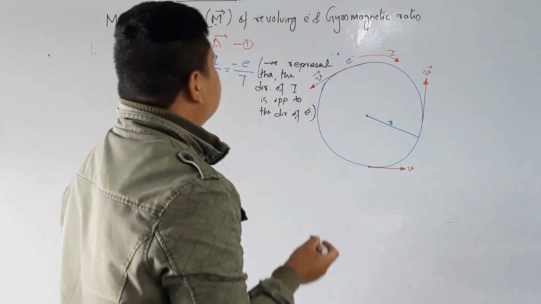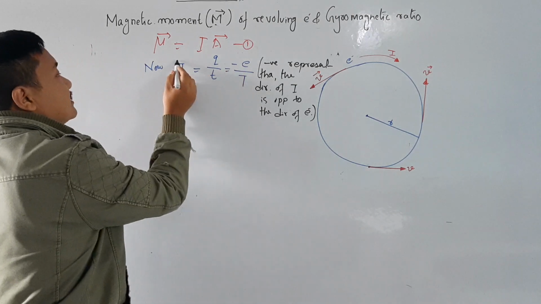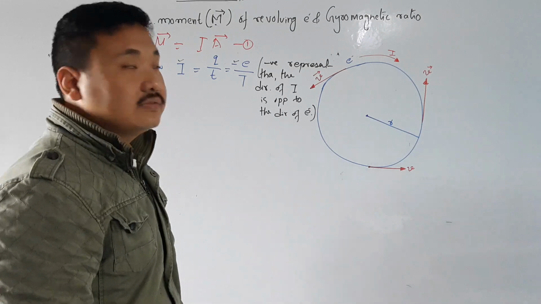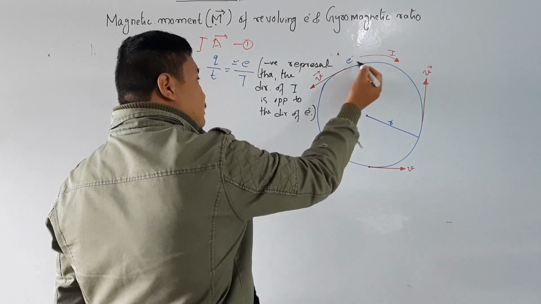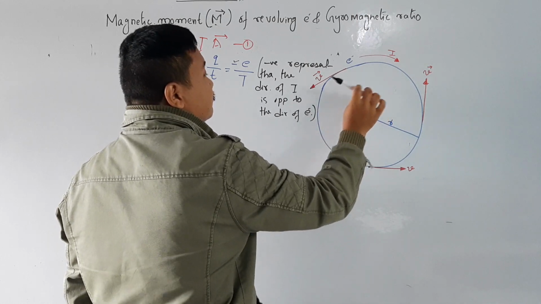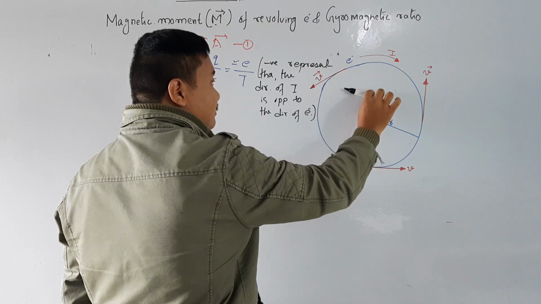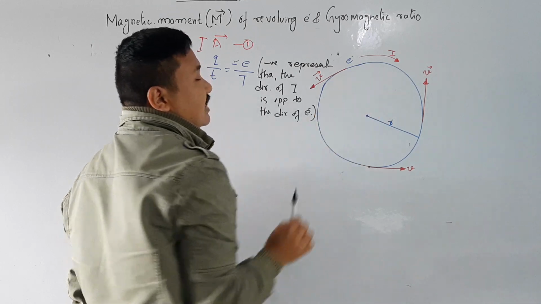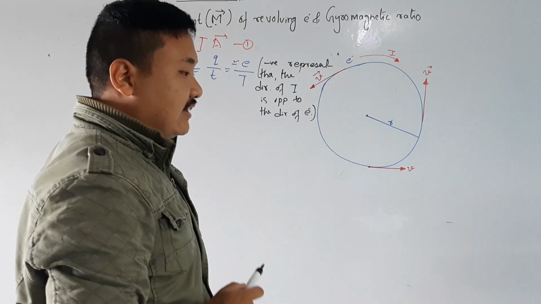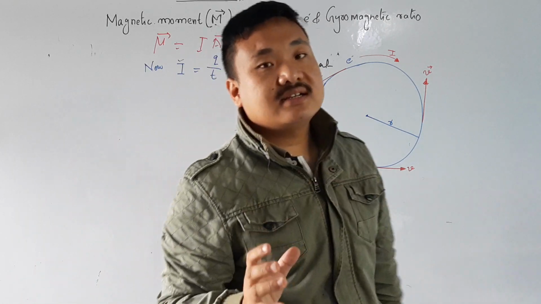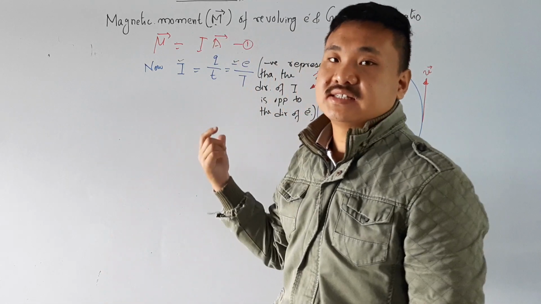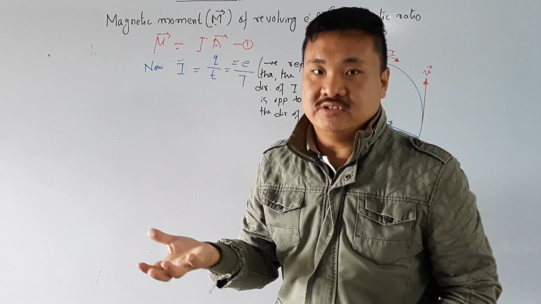It means that this negative sign means that direction of current is opposite to the direction of velocity of electron, because electron is moving in this direction, anti-clockwise, like this. Okay, so whenever electrons move in this direction, the current will go in this direction. They are opposite. So the only purpose of this negative sign is that it represents that the direction of current and direction of electric charge, that is electron, are opposite.